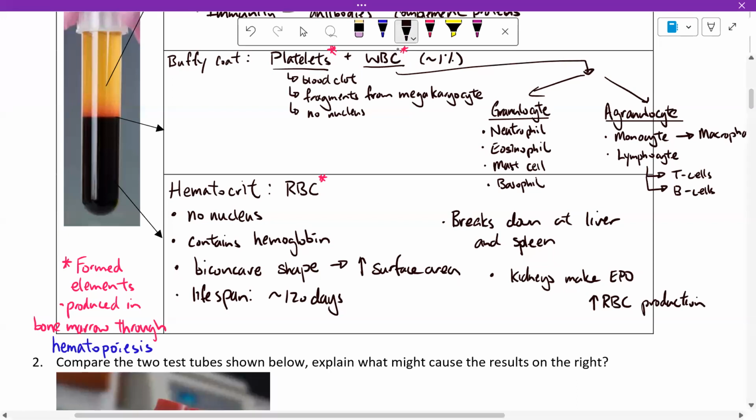So when you say lifespan 120 days, you mean that's how long they can survive? Yeah, approximately 120 days. Your bone marrow continuously makes new ones, right? The ones that you have now, that were made in December, are probably at the end of their lifespan, so they will get recycled, broken down in the liver and the spleen.